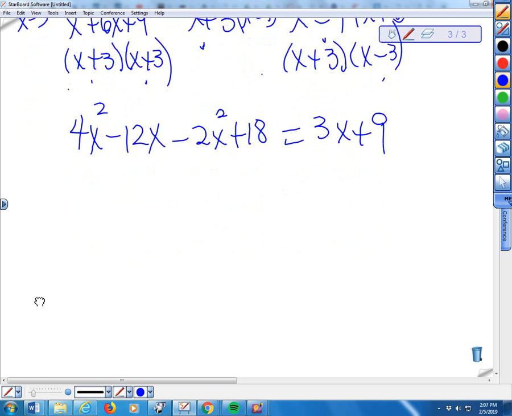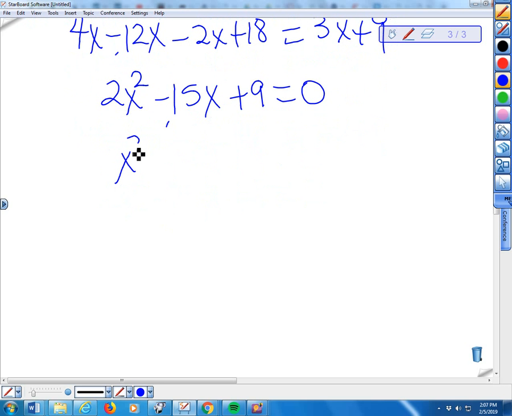So now I'm just going to combine like terms. I have negative 12x minus 3x. And I have 18 minus 9. Right? 2x squared minus 12x minus 3x is negative 15x. 18 minus 9, just to get everything over and equal to 0.